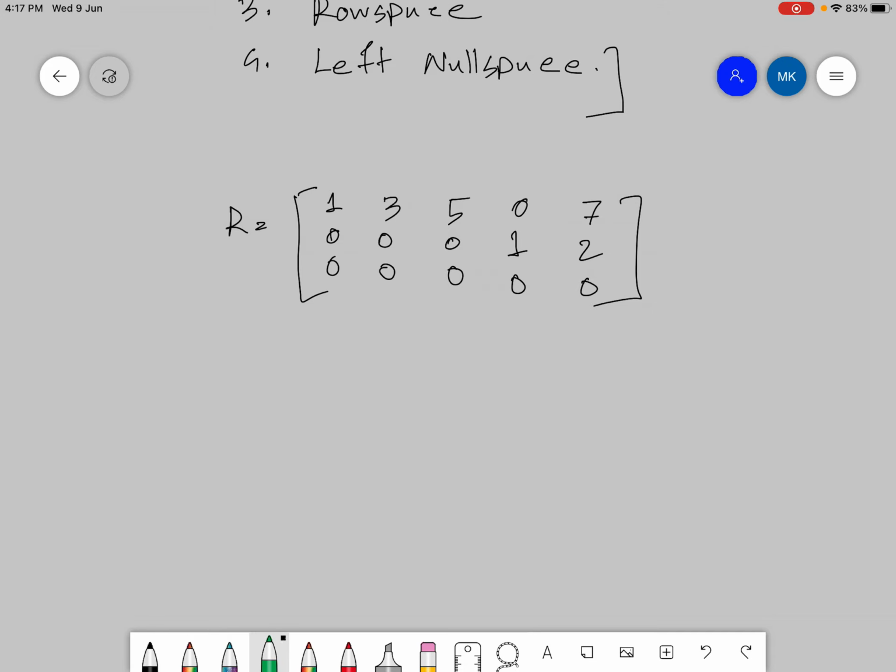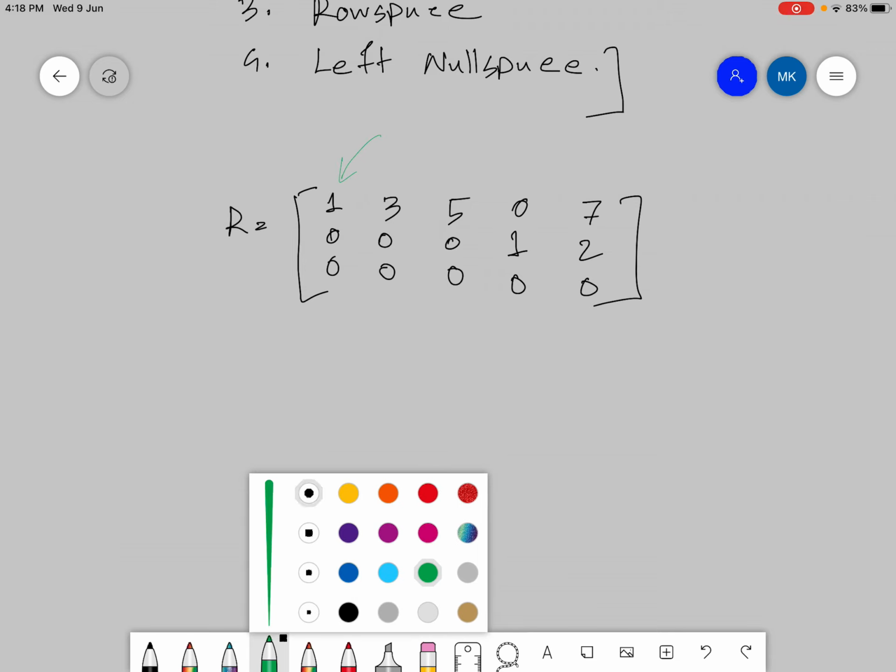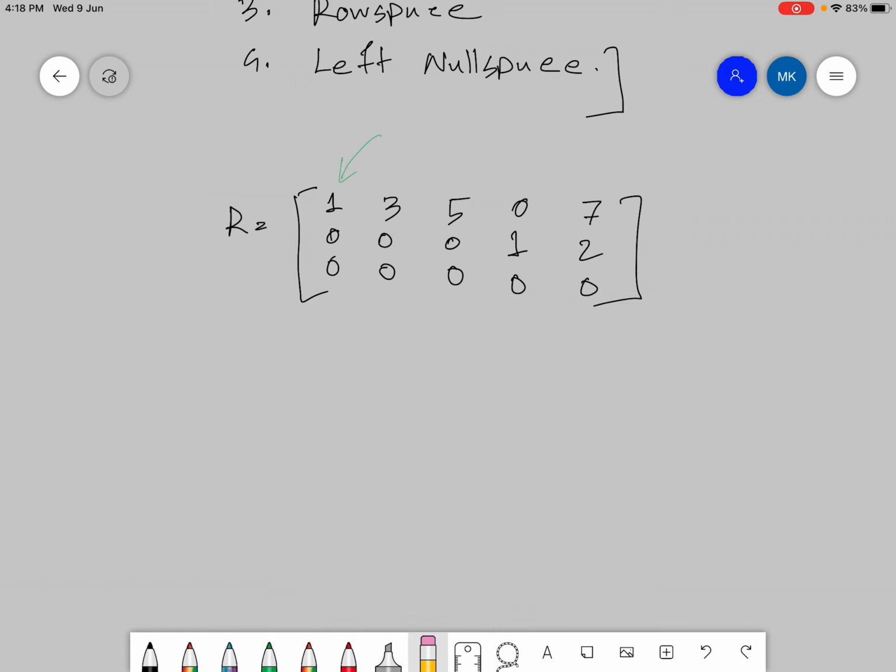As you can see, this is a pivot column, and this is a pivot column. So these columns here are free columns.